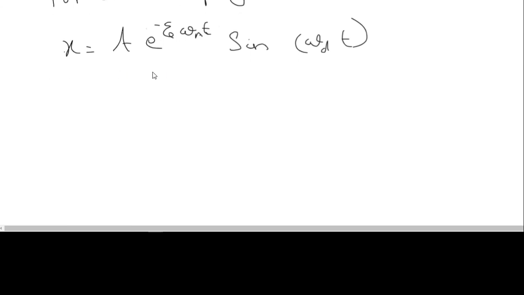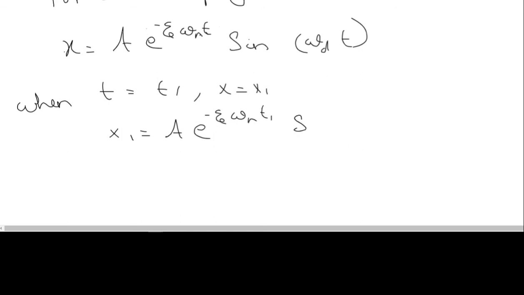So when t is equal to t1, it gives x is equal to x1. So we can write x1 is equal to a times e to the power of negative epsilon omega n t1 times sine of omega d t1.